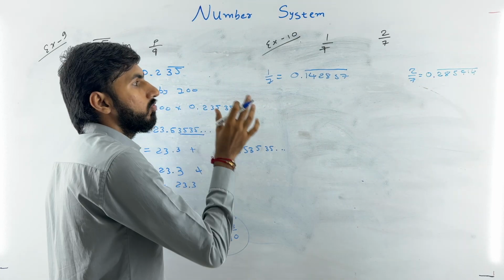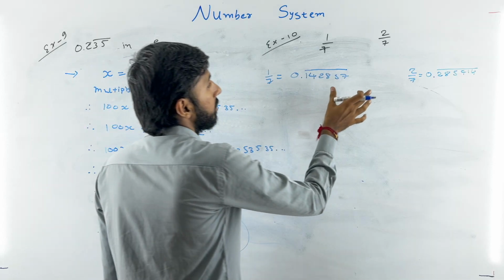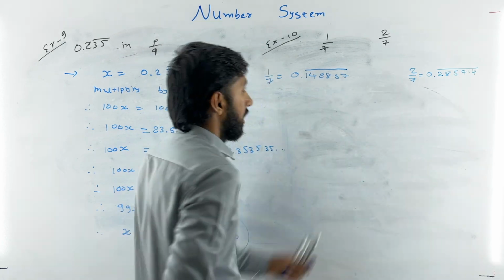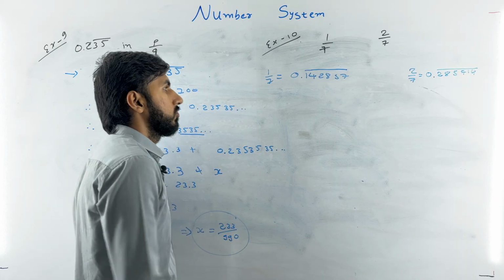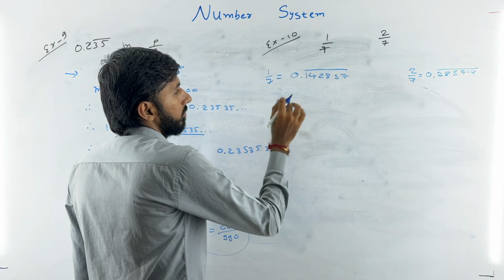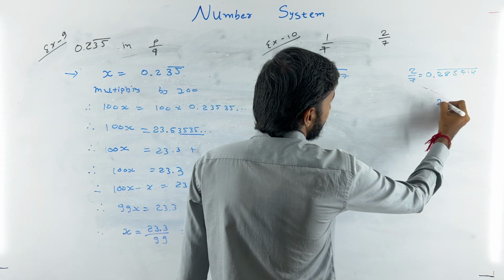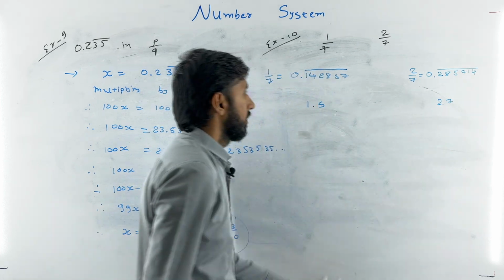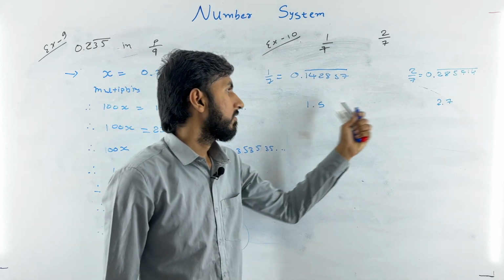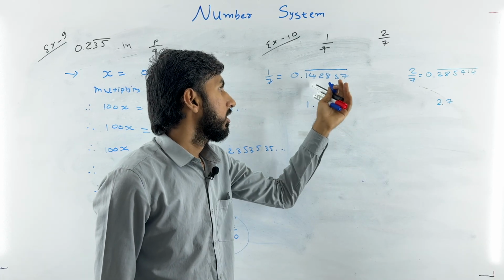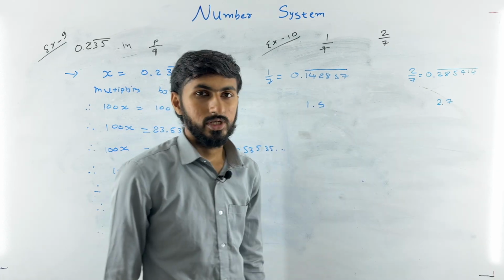Now I have to find an irrational number that lies between these two numbers, right? So let me write 1.5 here and 2.7 here, because if I write any number between 1.5 and 2.7, that number automatically comes between these two numbers, right?